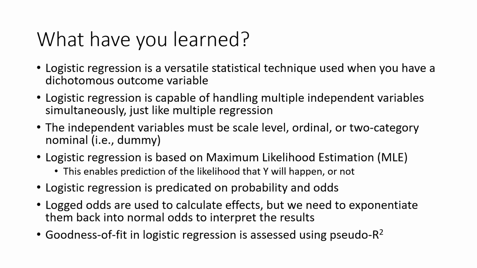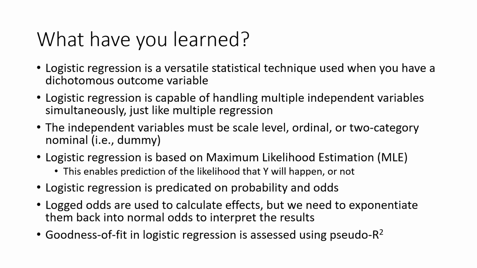Whereas multiple regression is based on the principle of ordinary least squares and the line of best fit, logistic regression is based on the concept of maximum likelihood estimation, or MLE. And it's this mechanism that enables prediction of the likelihood that Y will happen or will not happen. Obviously, as you've learned, logistic regression is predicated on the concept of probabilities and odds and logged odds and exponentiated odds.